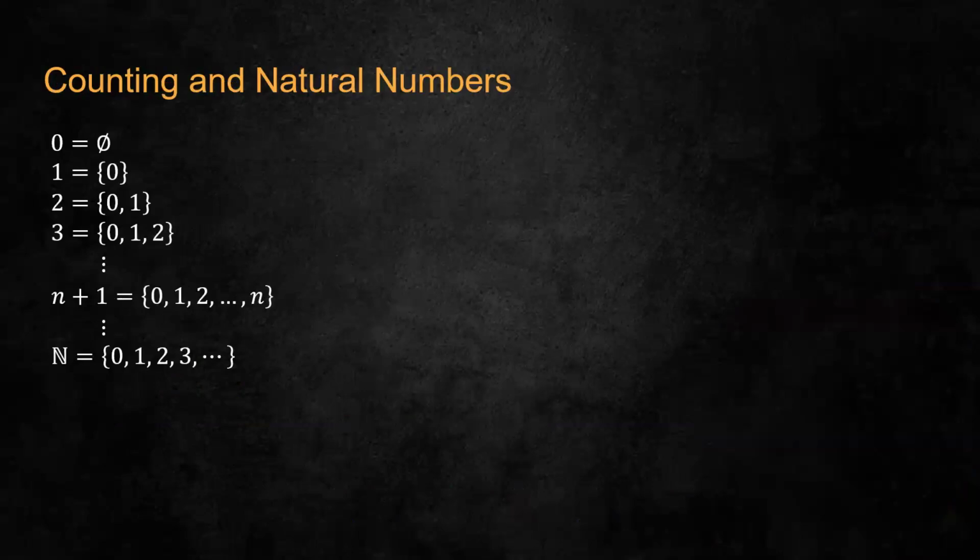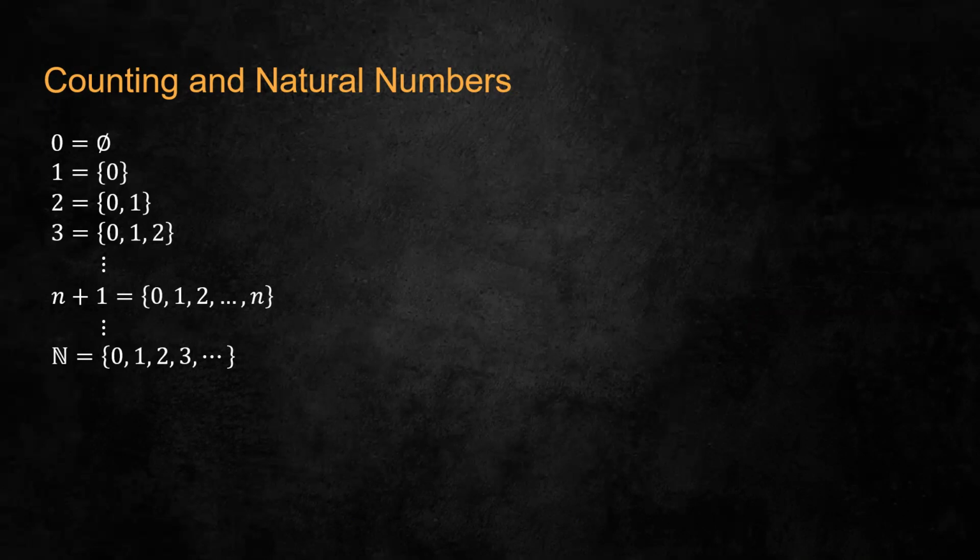So we're going to start by defining the natural numbers in a way that is not very usual. I believe that you don't talk about natural numbers this way, but this makes it easy for counting. So what is the set that has no elements? Well, it's the empty set. So we're going to say, oh, 0 is going to be the empty set.